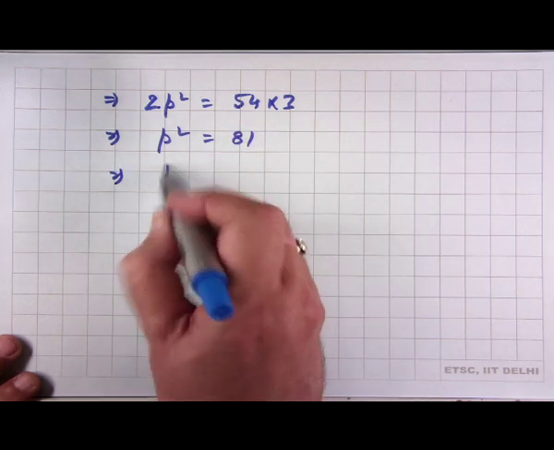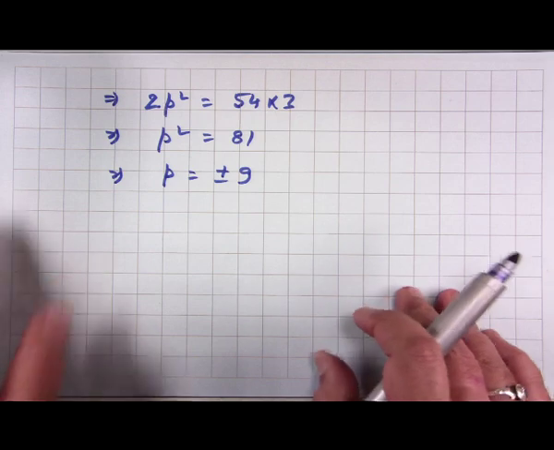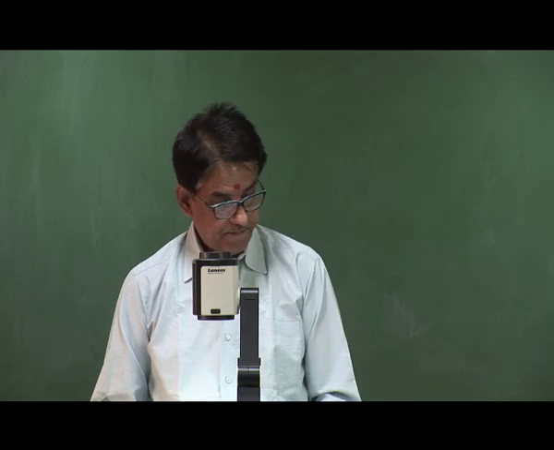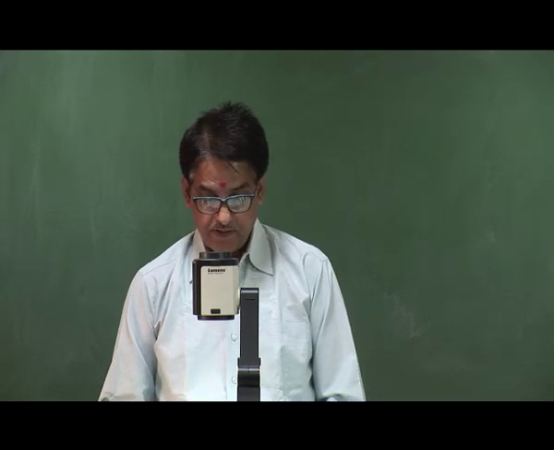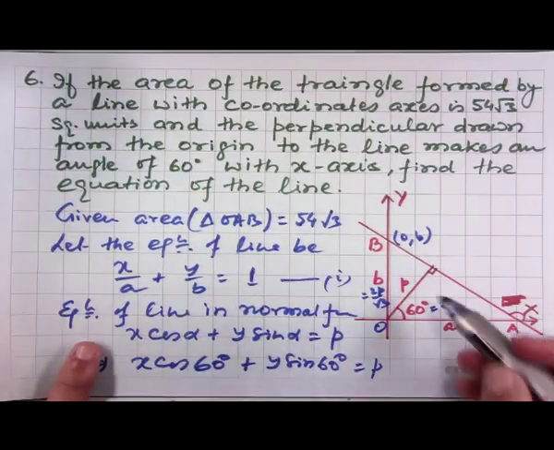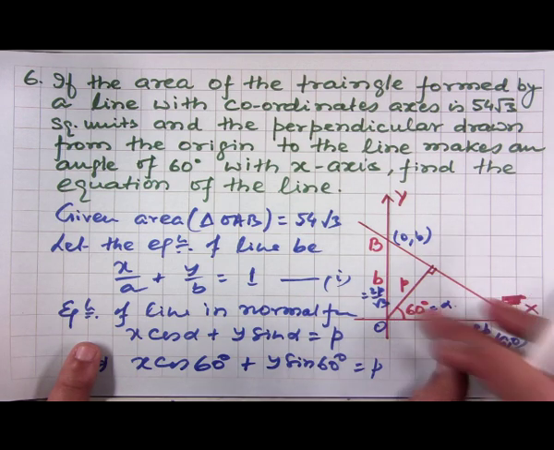This implies p is equal to plus minus 9. Question is, we have to find the equation of line. So now for this equation, we have length of perpendicular is known and this alpha is known.